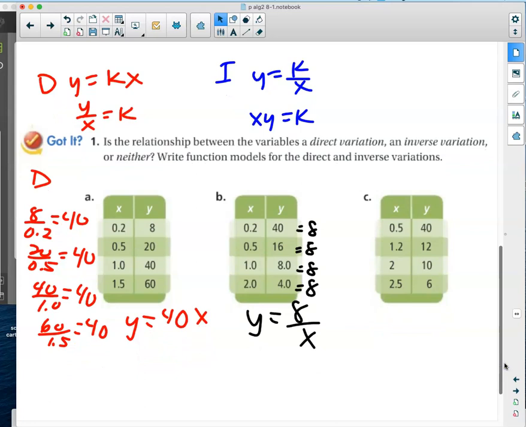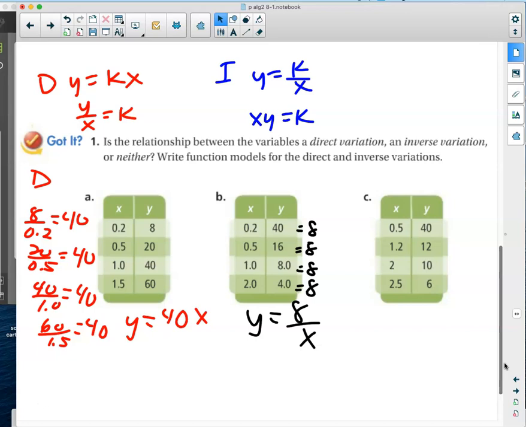Keep going with C. What are you putting down for C?